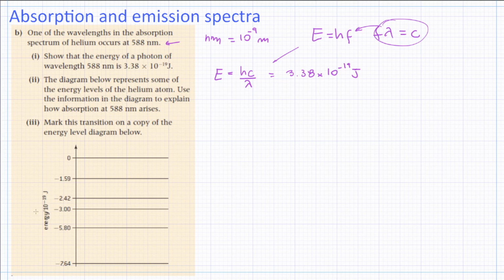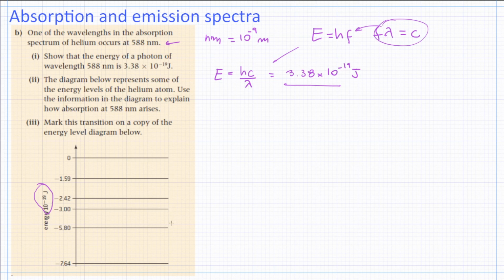Now, this energy is already given in joules, so we won't have to convert, as we did in the previous lesson, to electron volts. We can just keep it as joules. But now, the point is, we need a difference of 3.38, right? Because everything here is in 10 to the -19 joules. So how can we get a difference of 3.38 in this graph? We need to find here two different layers that when we make the difference, it's going to give us this value.